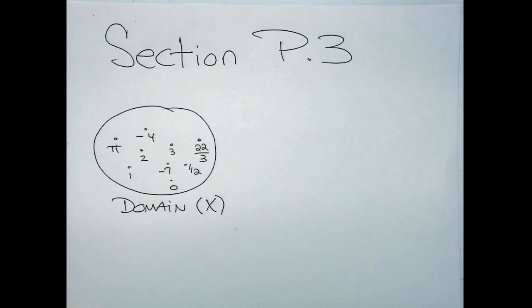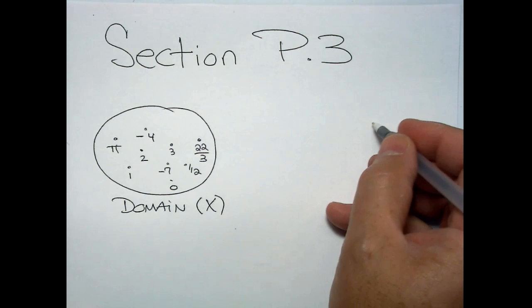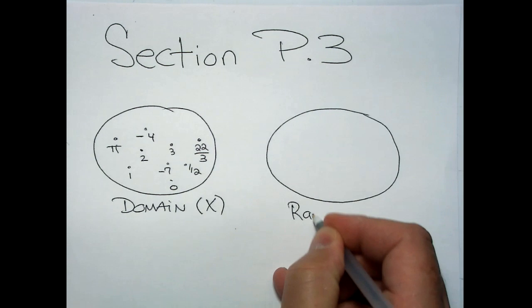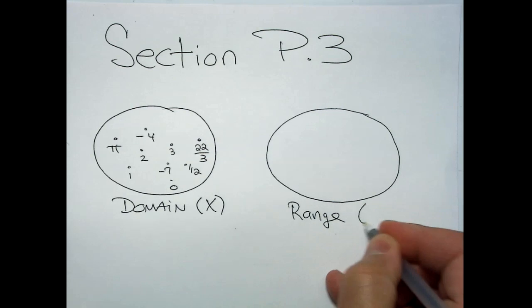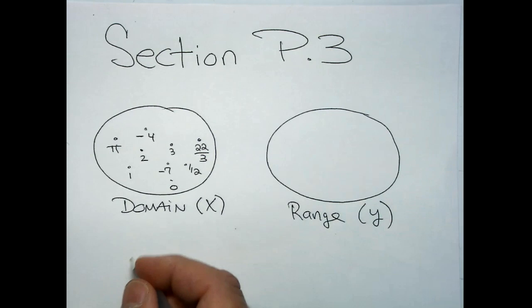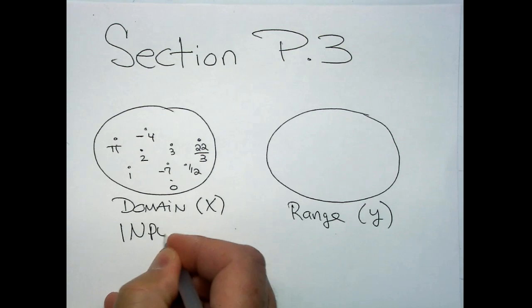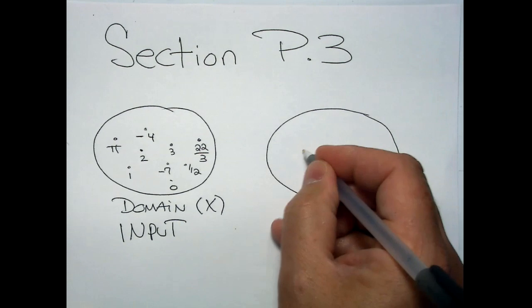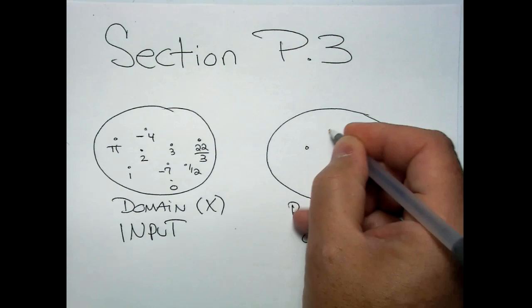Okay? So, over here is another set of real numbers. This is referred to as the range. In the range live all of our output y values. You can think of the domain as your input to the problem and your range as your output. Now in here also are real numbers.